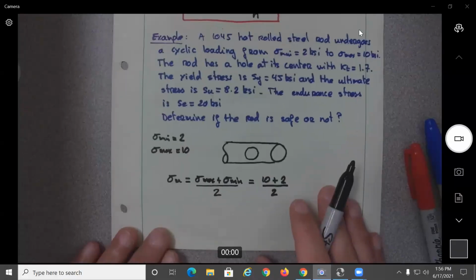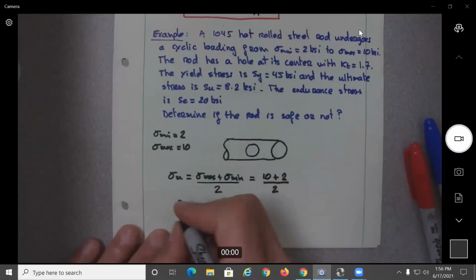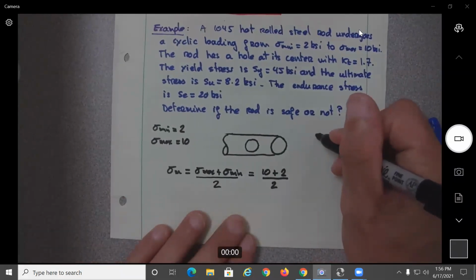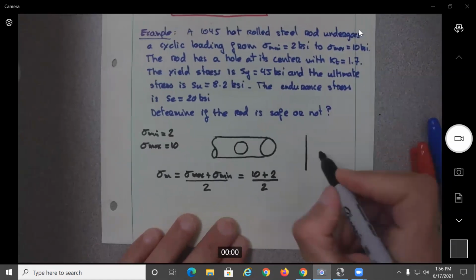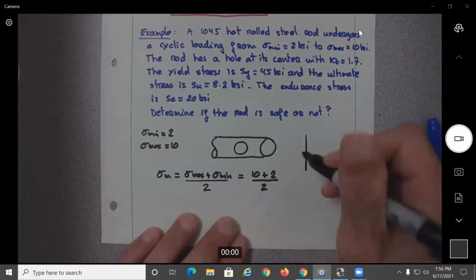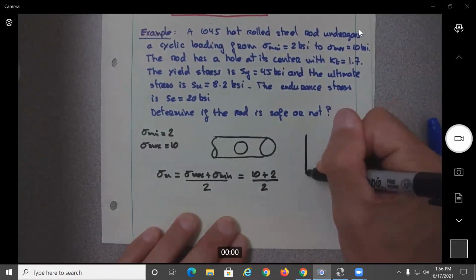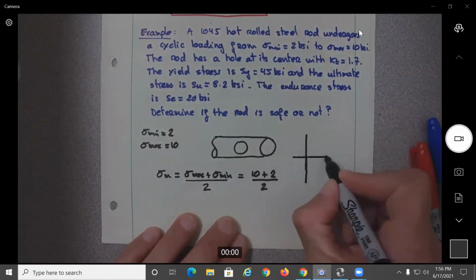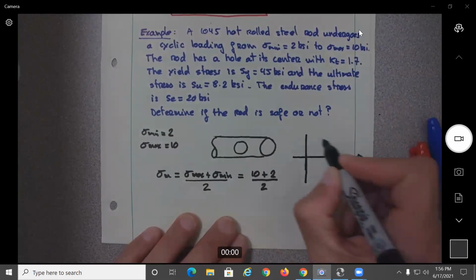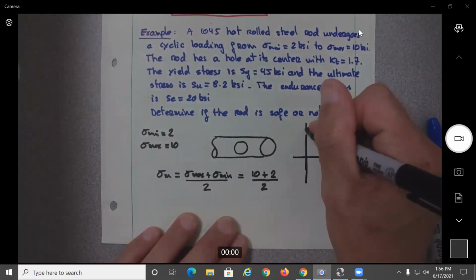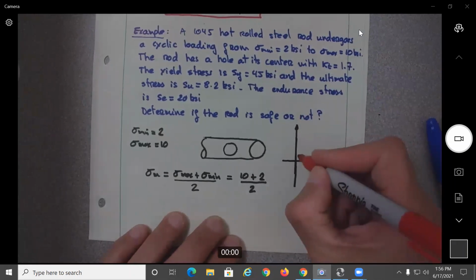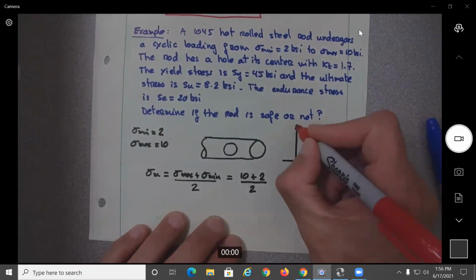All right, so we're gonna need your help over here. So this is 2. So let me do a figure over here to see what it would look like. Okay, so this is, let's say, 2, 4, 6, 8, 10.